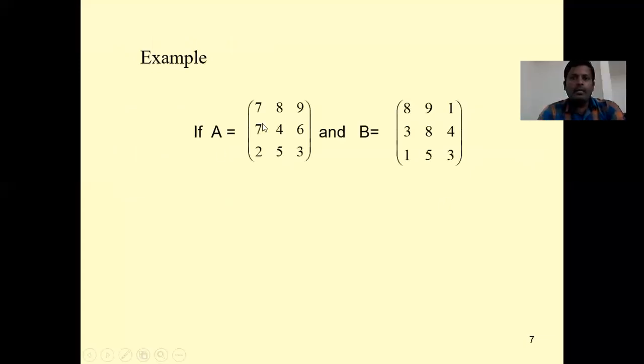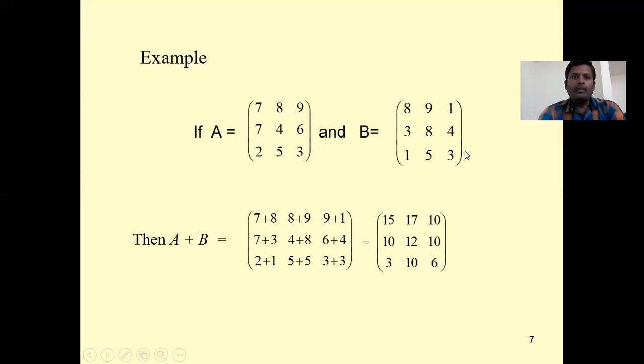If A is equal to 7, 8, 9, 7, 4, 6, 2, 5, 3, and B is equal to 8, 9, 1, 3, 8, 4, 1, 5, 3, then A plus B: we write the corresponding elements, but here the plus symbol is there, that's why we can do the addition process.